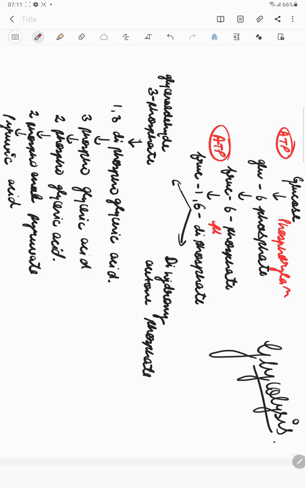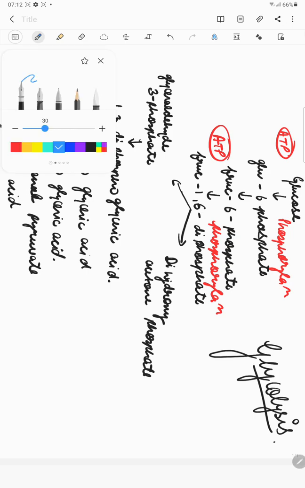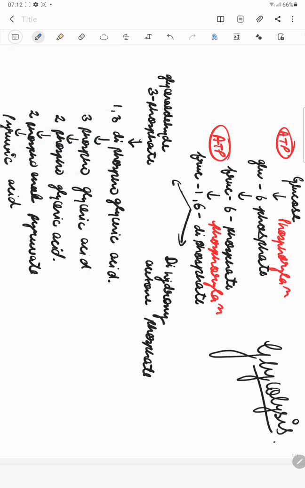And here also it is phosphorylation. Whenever the phosphate is added and the process of phosphorylation takes place, one molecule of ATP would be consumed. Now we would be seeing where the ATP are formed.